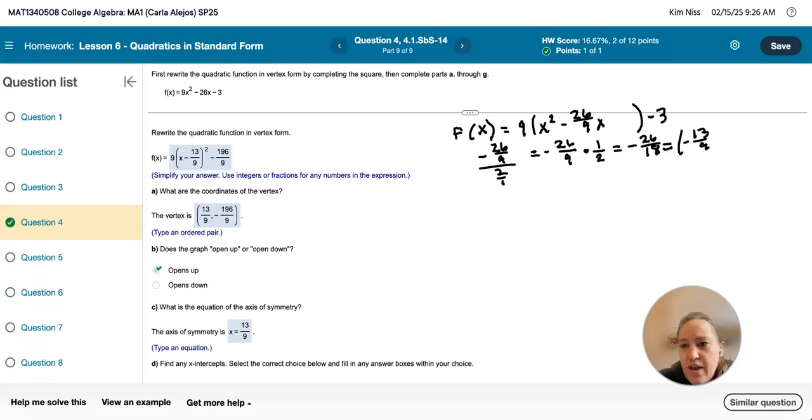And we're going to square that. That's the process of completing the square. So we end up with 169 over 81. So now we put that in here. So that's our completed square term, 169 over 81.